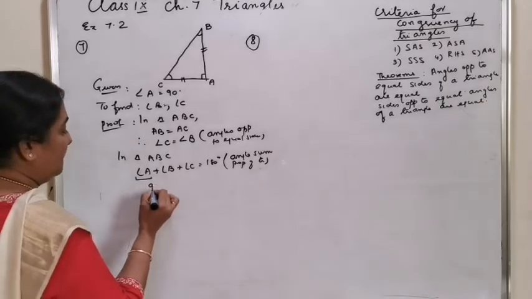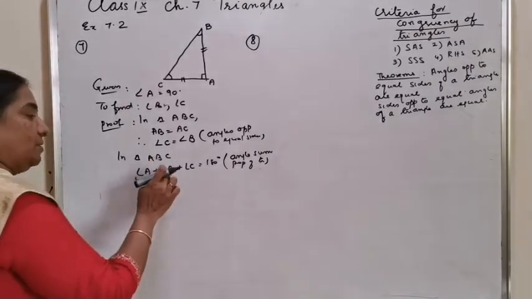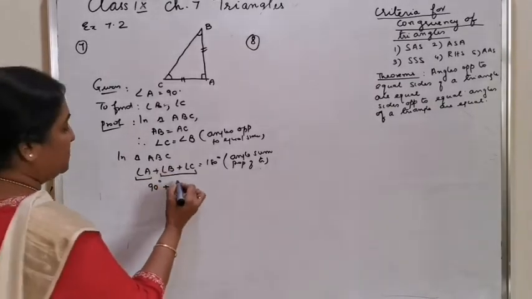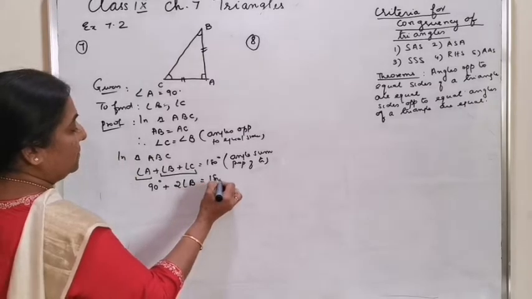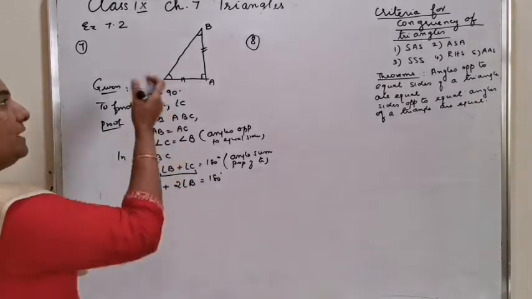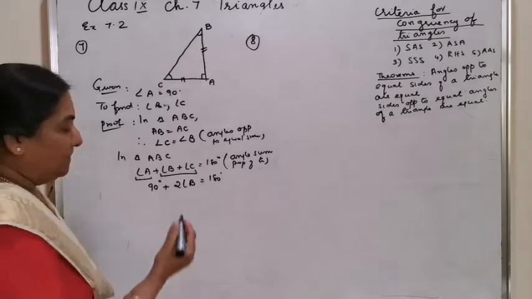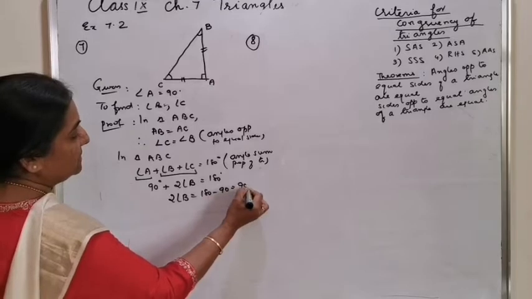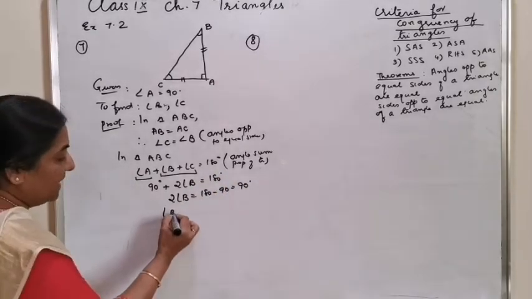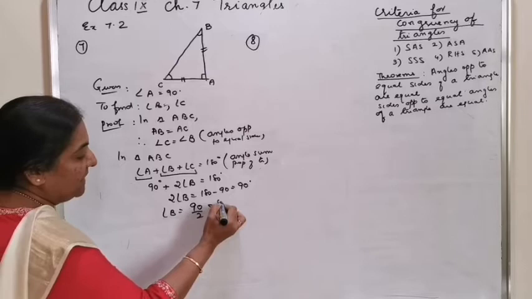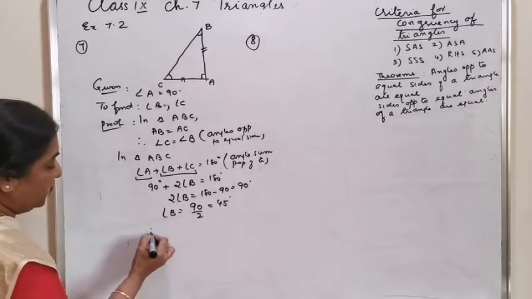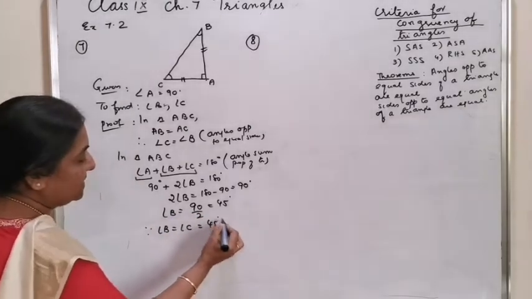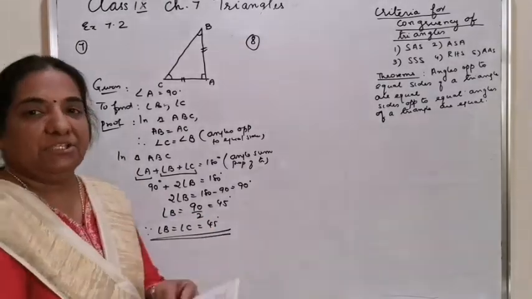Angle A measures 90 degree. Both angle B and angle C are equal, so any one you can choose as twice angle B is equal to 180 degree, or you can prefer x degree. Twice angle B is equal to 180 minus 90, which is equal to 90 degree, or angle B is equal to 90 by 2, 45 degree. Now, since angle B and angle C are equal, both of them are equal to 45 degree each.